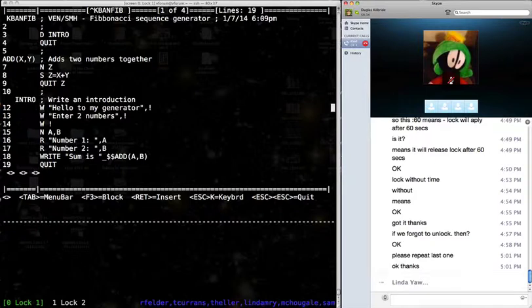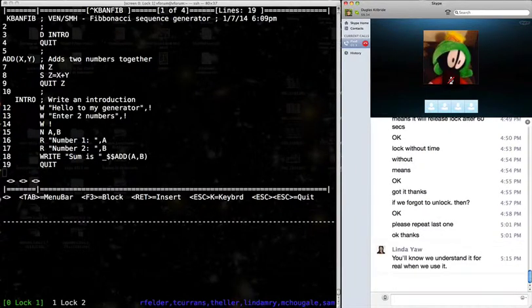So let's think of how we're going to implement a Fibonacci sequence. Thank you, Linda. So I'm going to try to do a Fibonacci sequence. So I'm going to make a new entry point.